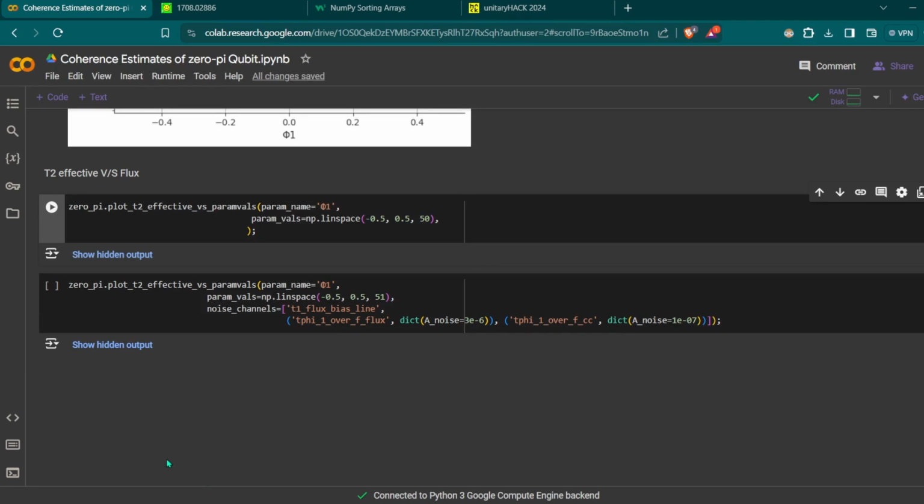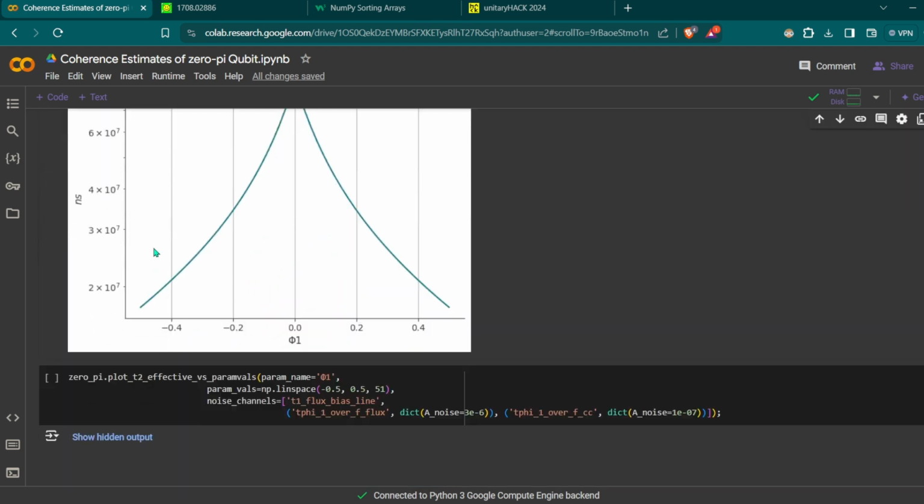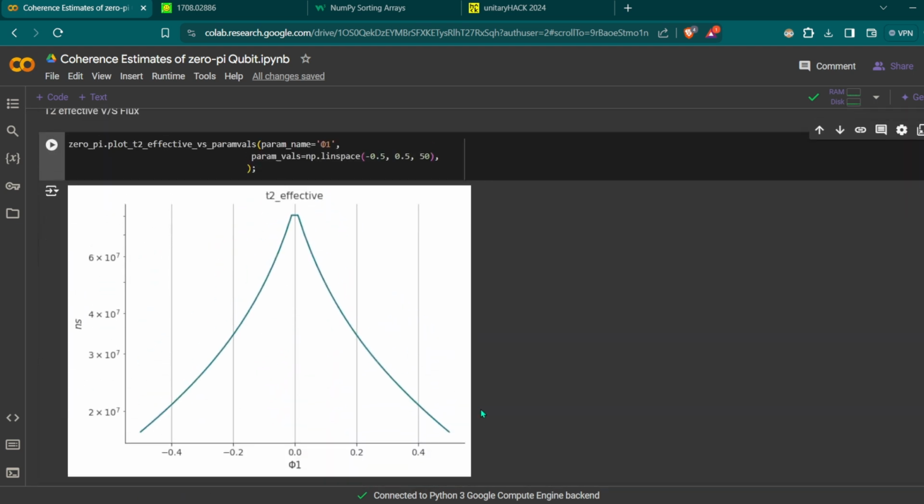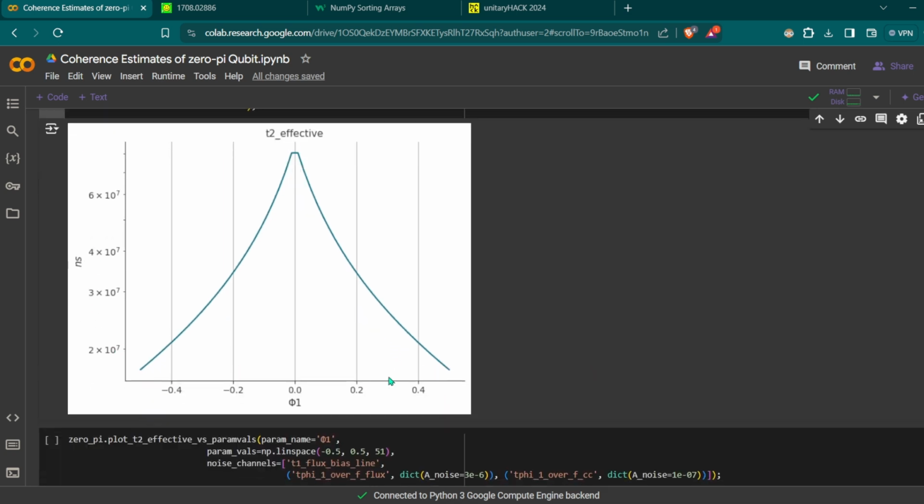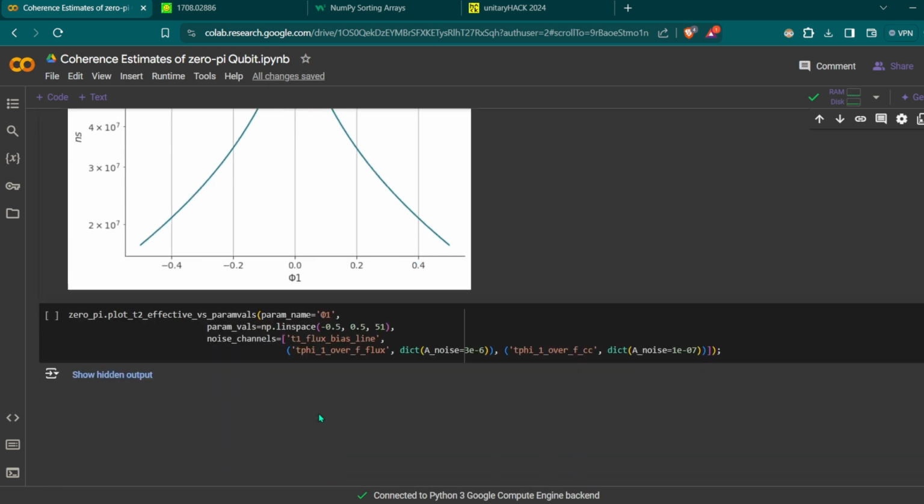And now we can also plot the graph between T2 effective and flux. T2 effective, as you know, gives the combination of both depolarization and dephasing noise time. So if we use this T2 effective against the flux parameter phi 1 for this set of values, we're going to get a graph such as this, with the y-axis being our time and the x-axis our flux.